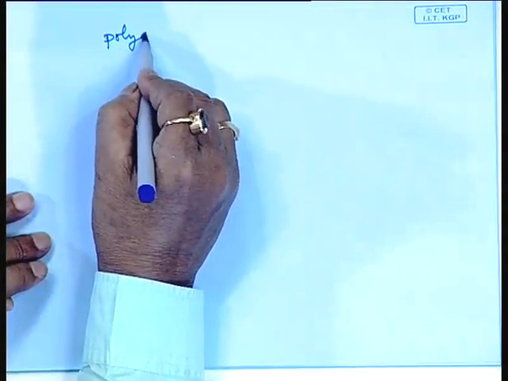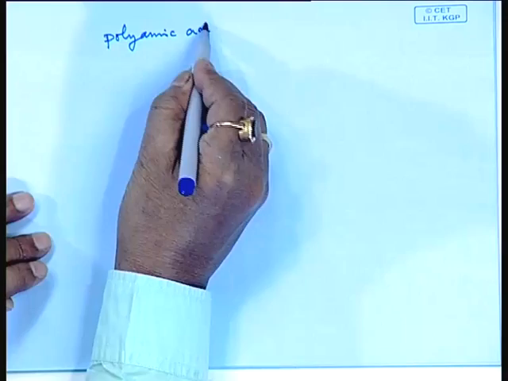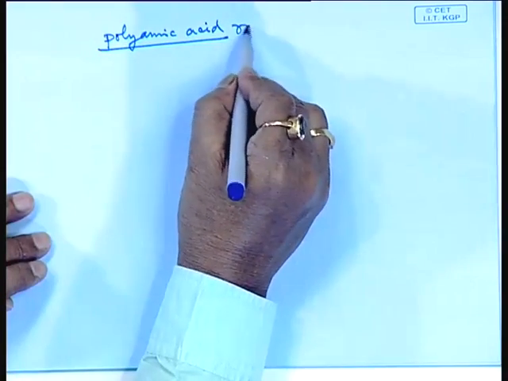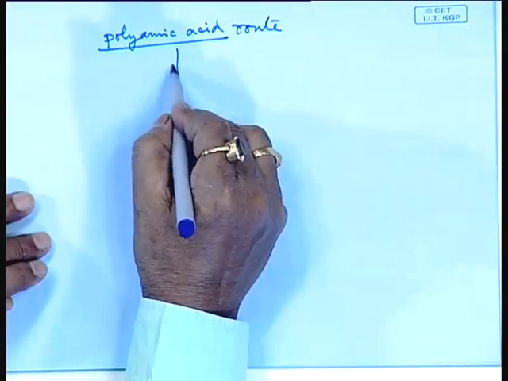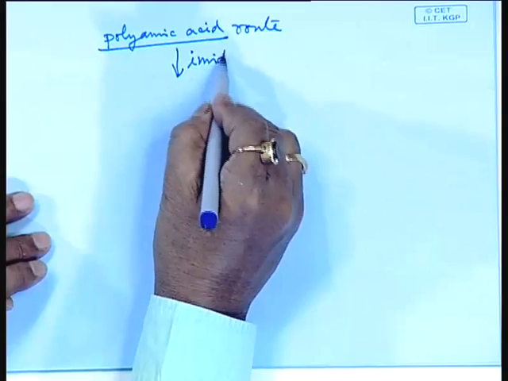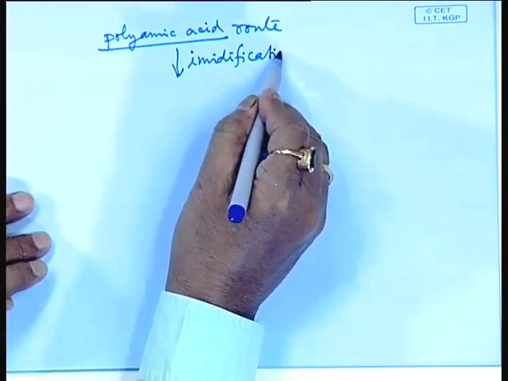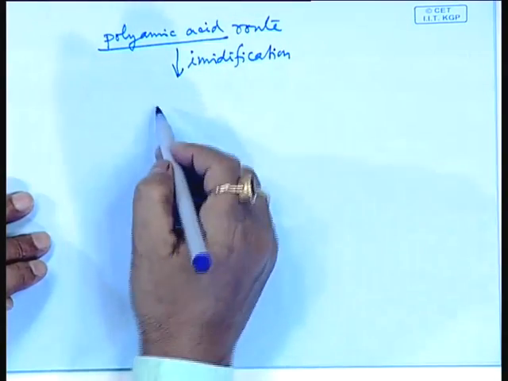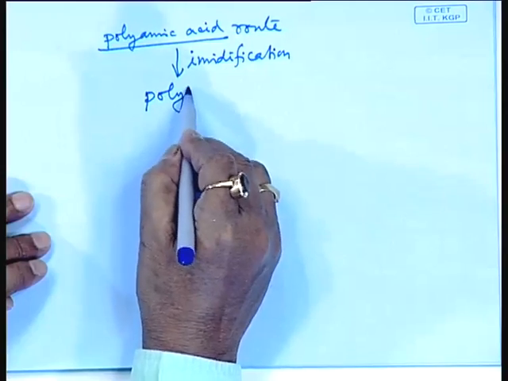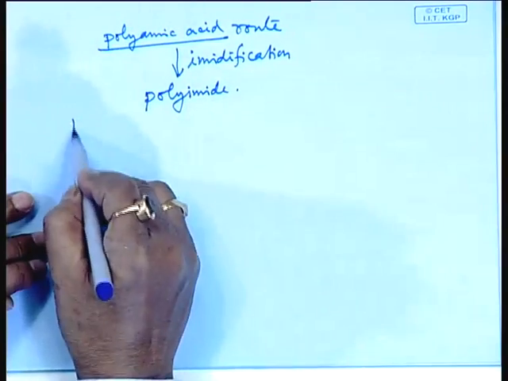If you want to make polyimides, then you have to go through the polyamic acid route. Further, imidization of this polyamic acid leads to polyimide. Details you will get.